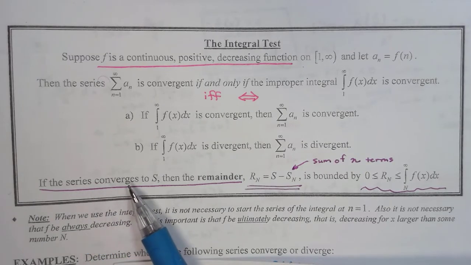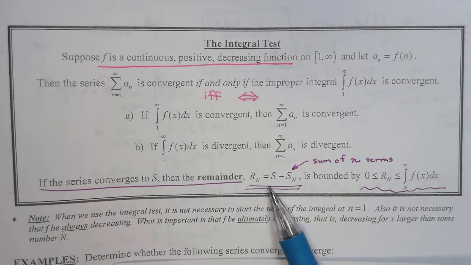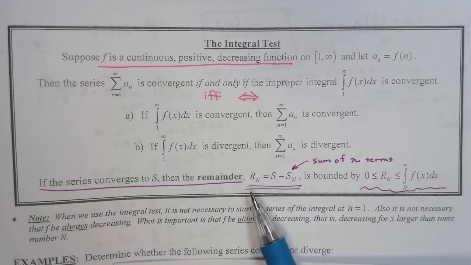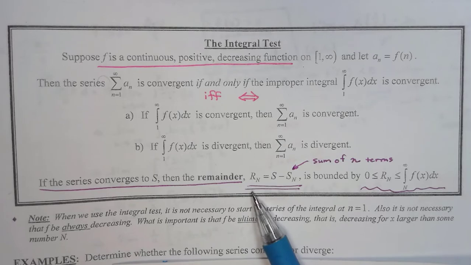If the series converges to some number s, then our remainder, r sub n, is the actual sum that our series converges to minus the partial sum, the sum of n terms. So our remainder after taking away a partial sum, that is our remainder.